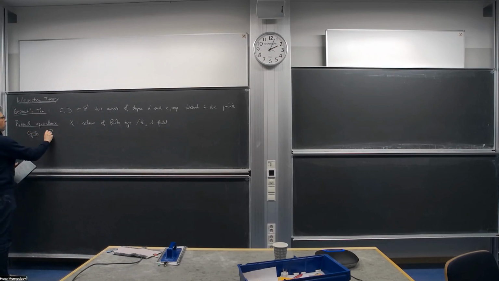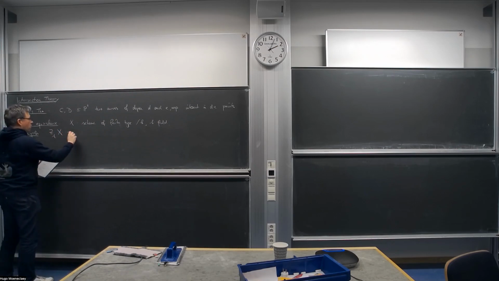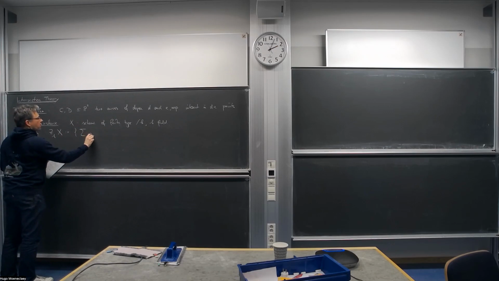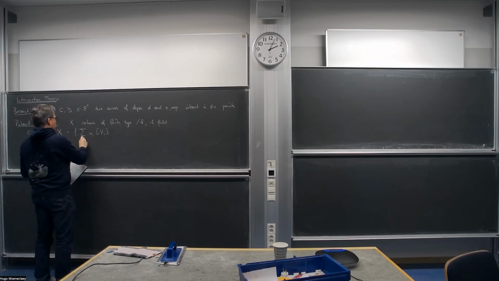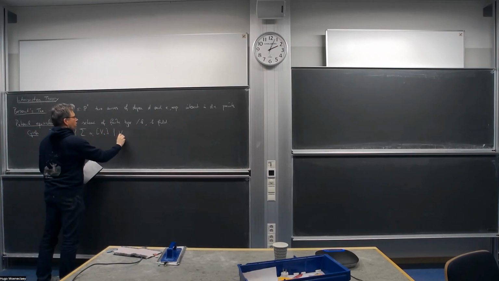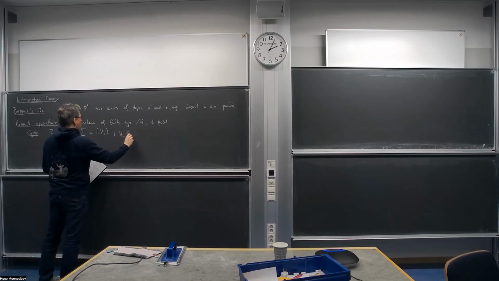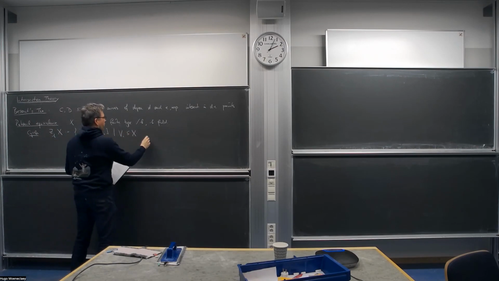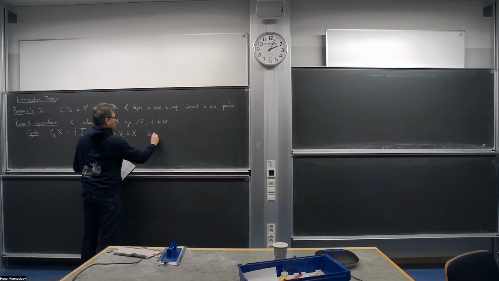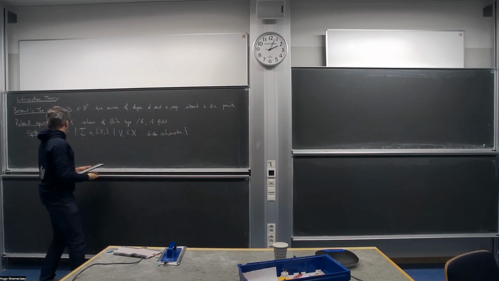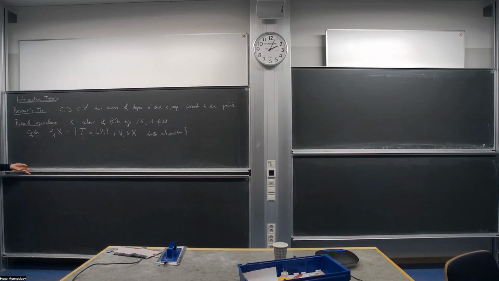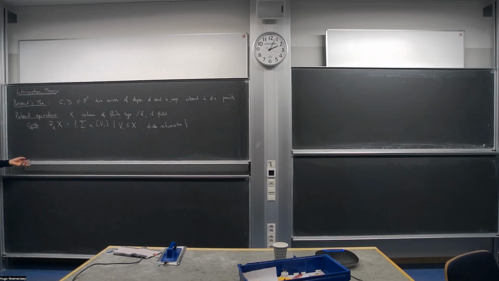K-cycles are just finite linear combinations of n_i times V_i, where the V_i are k-dimensional subvarieties. So, for example, zero cycles are just sums of points.